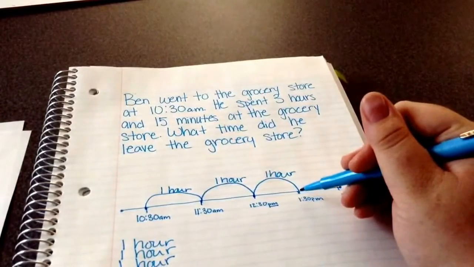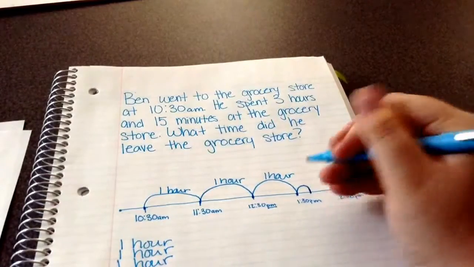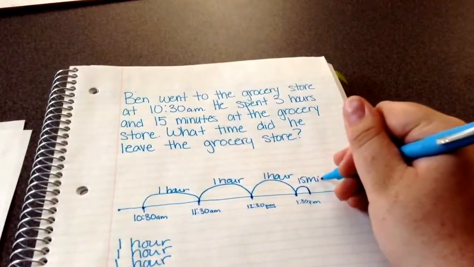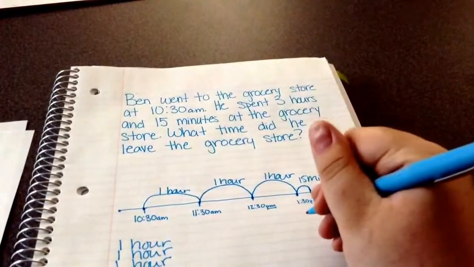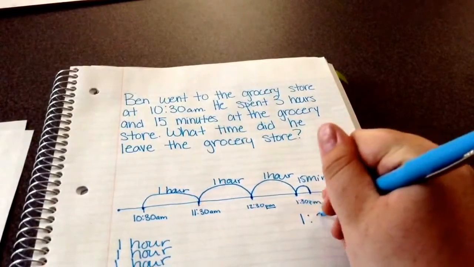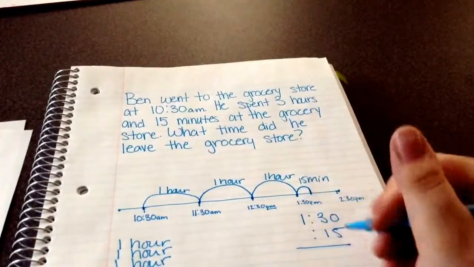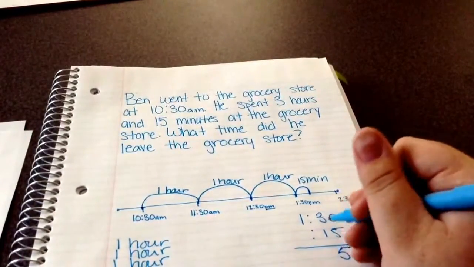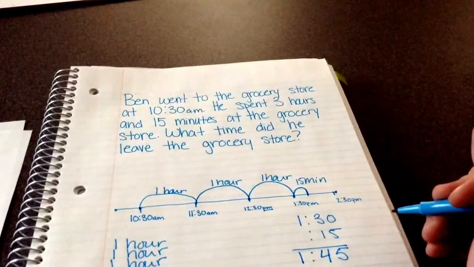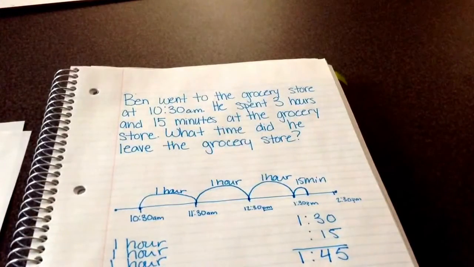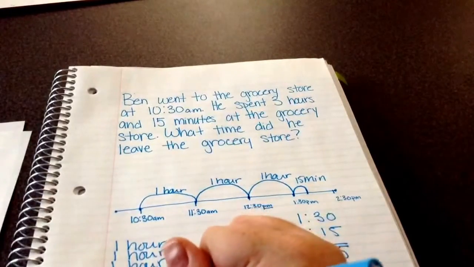And from there, we're going to jump 15 minutes. 1:30 plus 15 minutes will give us 1:45. So Ben left the grocery store at 1:45.